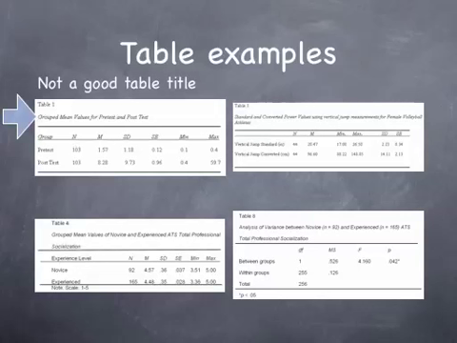Now Table 8 is not a descriptive statistics table. This is actually for an analysis of variance, which is also known as the ANOVA test. So we have analysis of variance between novice, and I put the N value, the subject number, in the description here, novice and experienced athletic training students on total professionalization.